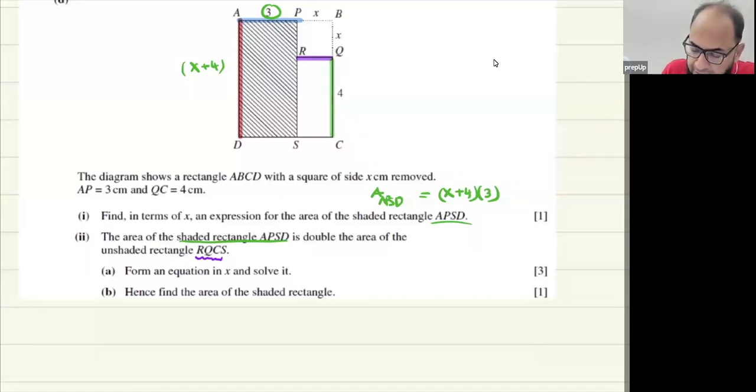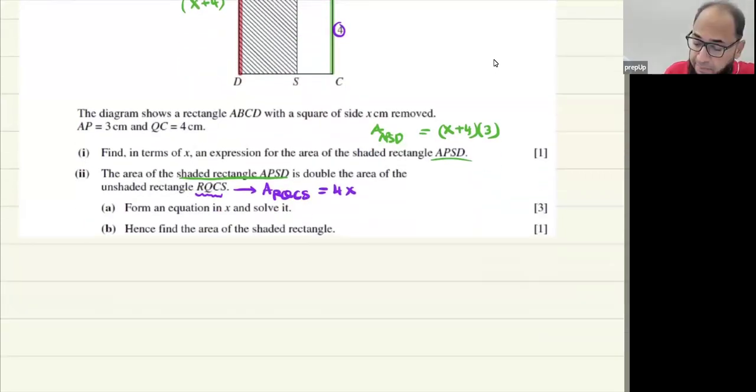Therefore the area of RQCS is equal to 4 times x. Therefore the area of APSD is twice the area of RQCS.